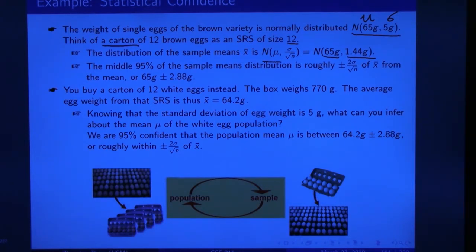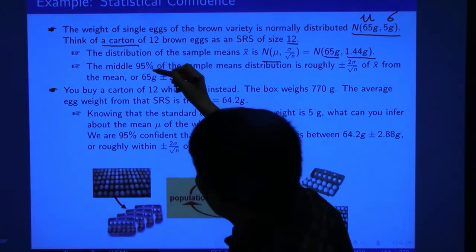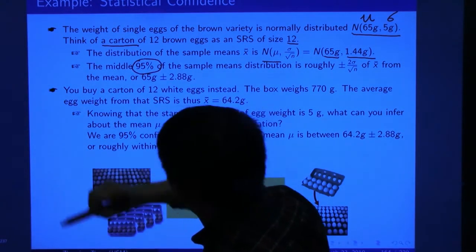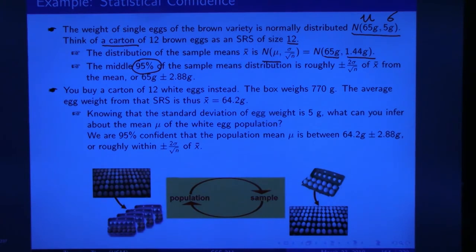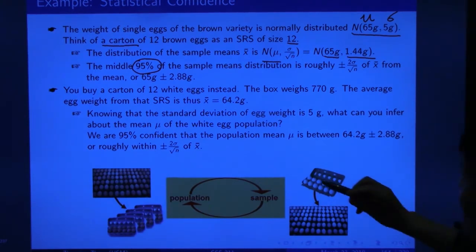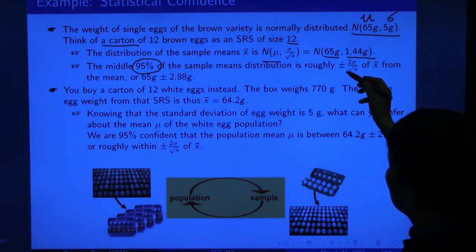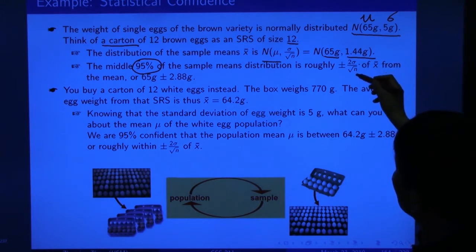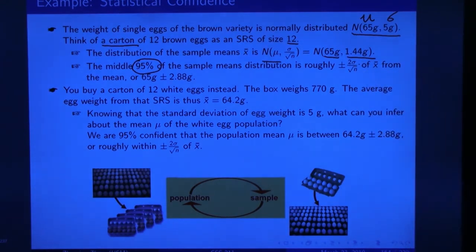Now, suppose we have a lot of cartons. We have a lot of random samples with the same size 12. And for 95% of all these cartons, the sample mean will be within roughly plus or minus 2 standard deviations of x bar, that is sigma over square root of n.